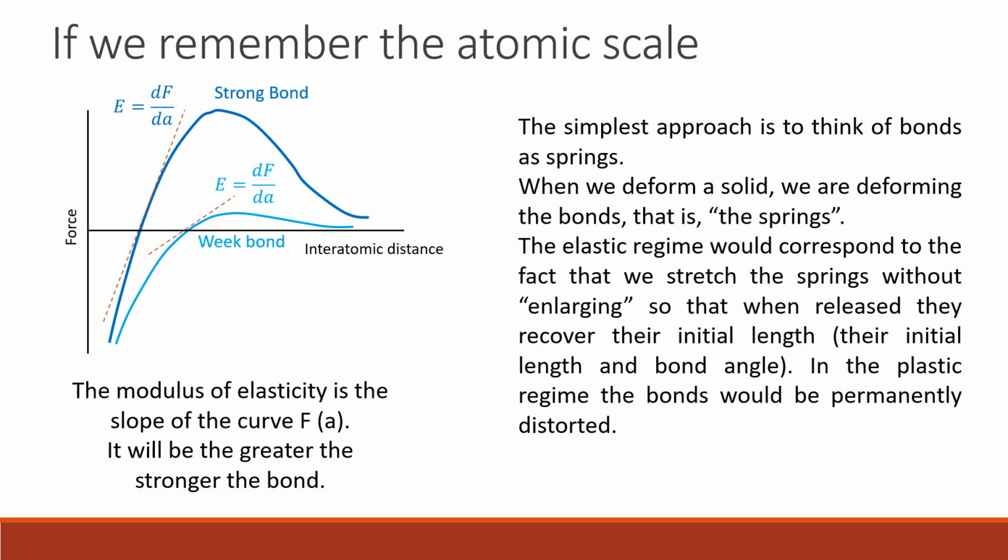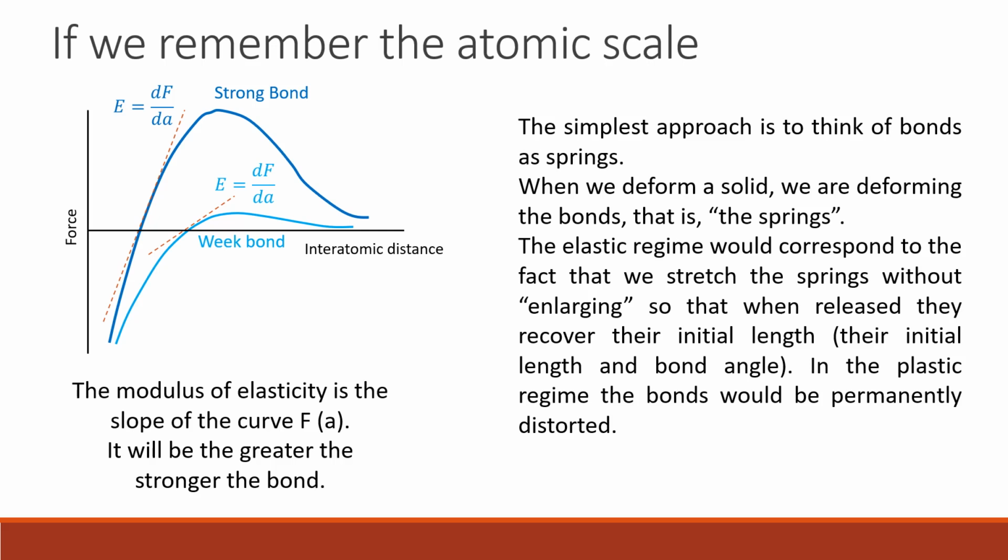The simplest approach, or the simplest way to think on this topic, is to imagine that bonds are springs. I'm sure this analogy you have seen many times. So when we deform a solid, as well as when we are deforming a spring, if I stretch the spring, what I'm doing is stretching the bond.